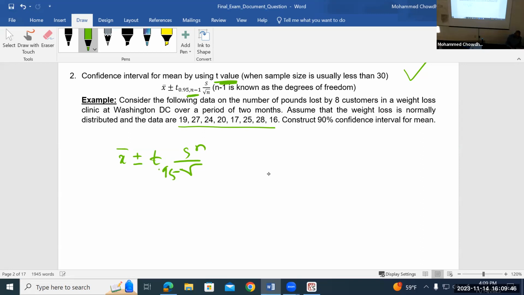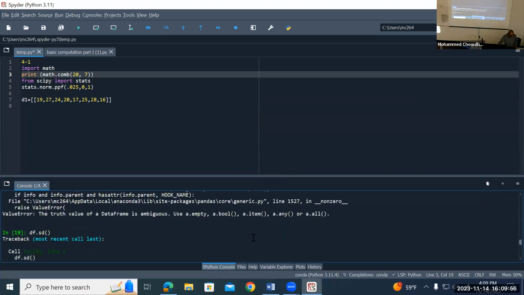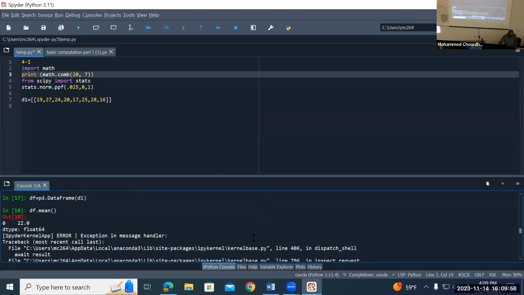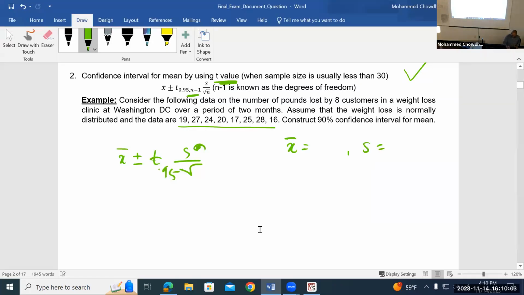So now what I will do, we have x bar equal to 22 and s equal to 4.59.